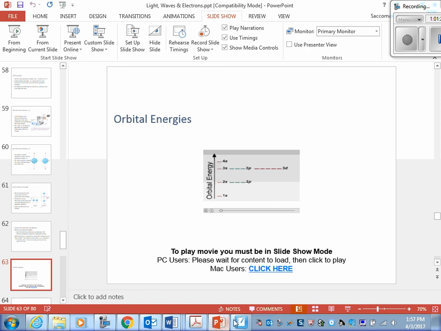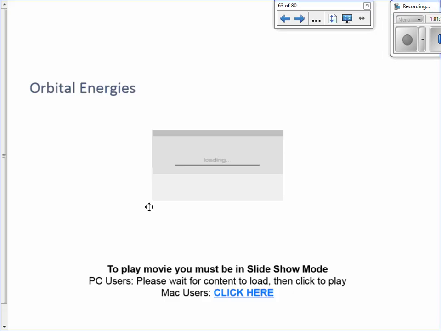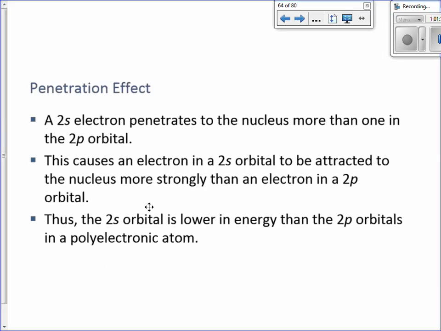One last little note before we leave today: the penetration effect. The 2s electron penetrates to the nucleus more than in a 2p orbital. This causes the electron in the 2s to be attracted to the nucleus more strongly.